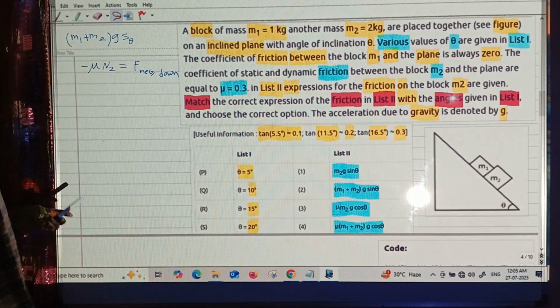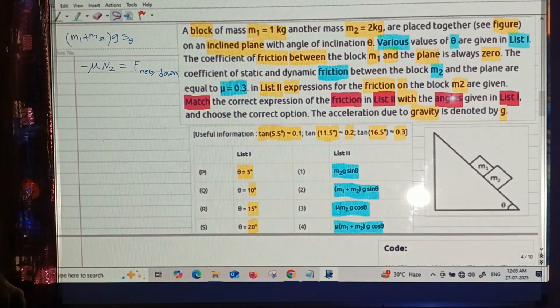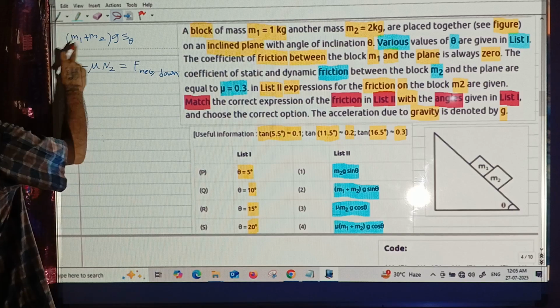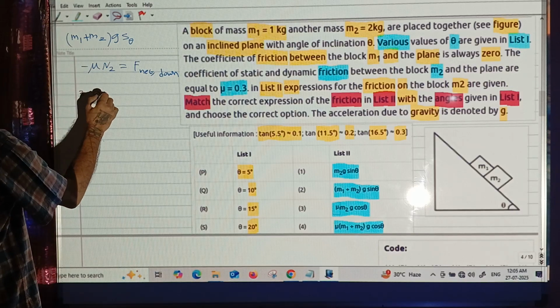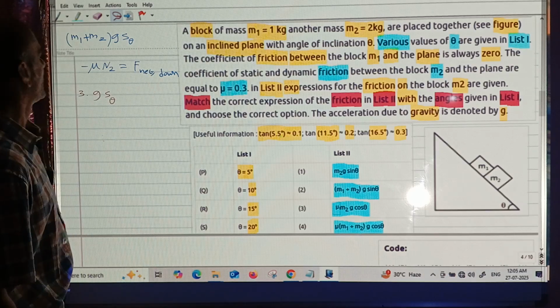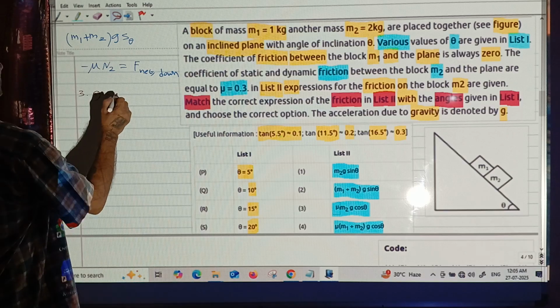So let's find the corresponding value of theta for which it is at rest. M1 plus M2, M1 is 1, M2 is 2, so 1 plus 2 is 3, times g sin theta. If you take the particular case where these two are equal, then the net force is 0.